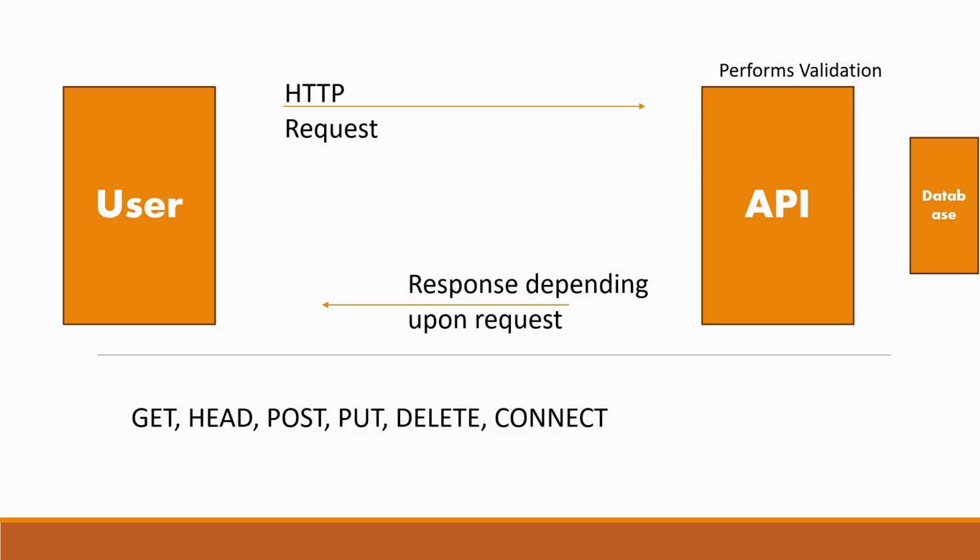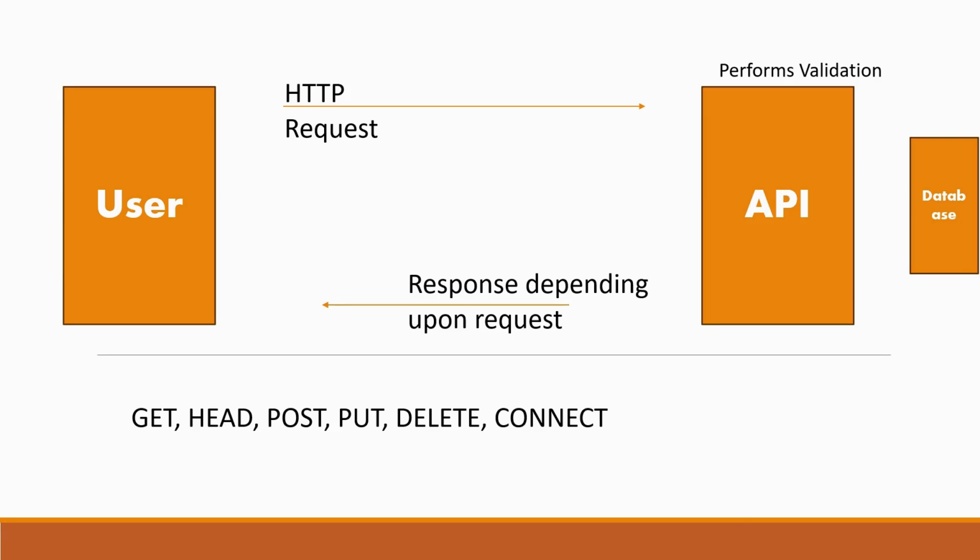So he will send an HTTP request, and that HTTP request will be sent to the API, and the API will perform the validation and authentication depending upon how that API is constructed, and after that it will send the response back to the user. The user should know what the response will be, and depending upon what he is expecting in the response, he will send that HTTP request.